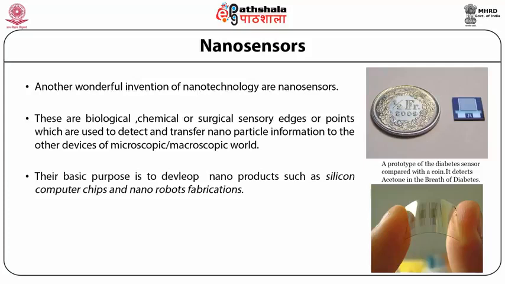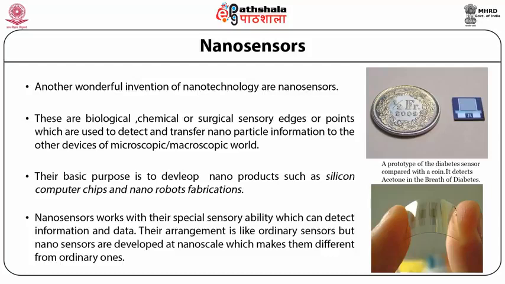Their basic purpose is to develop nanoproducts such as silicon computer chips and nanorobot fabrication. Nanosensors work with their special sensory ability, which can detect information and data. Their arrangement is like an ordinary sensor, but nanosensors are developed at the nanoscale, which makes them different from ordinary ones.